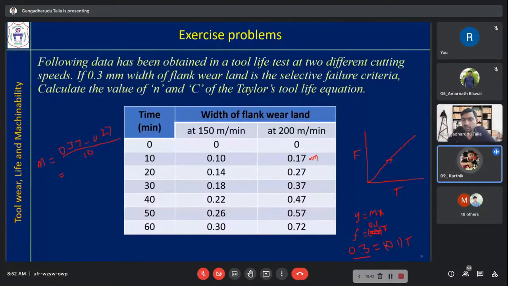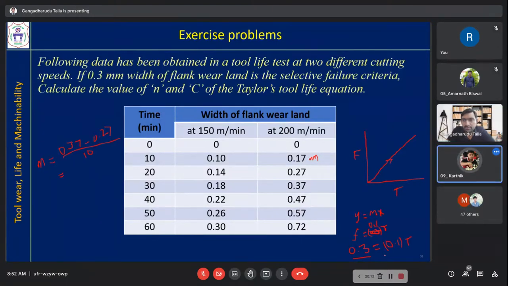In minutes we'll be getting, no, sir. Slope is in mm per minute. Okay, per minute. Yes. Flank wear varies in mm.